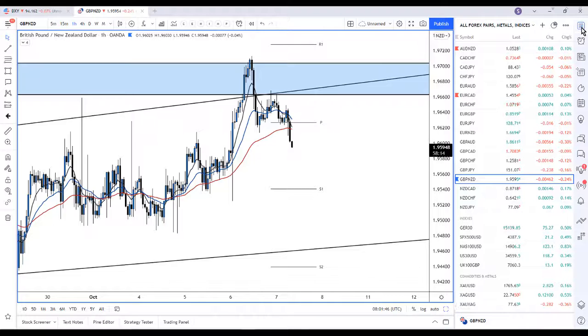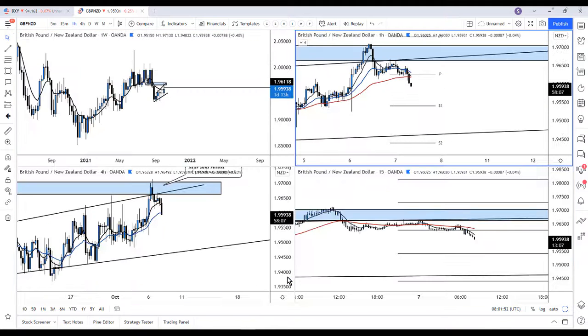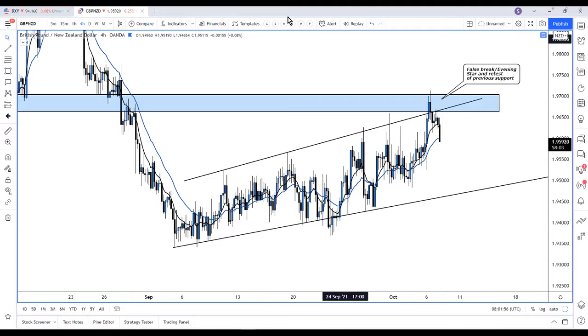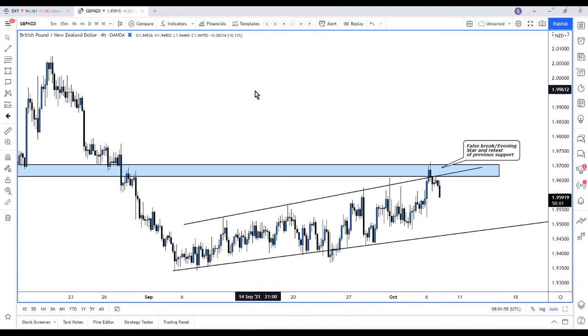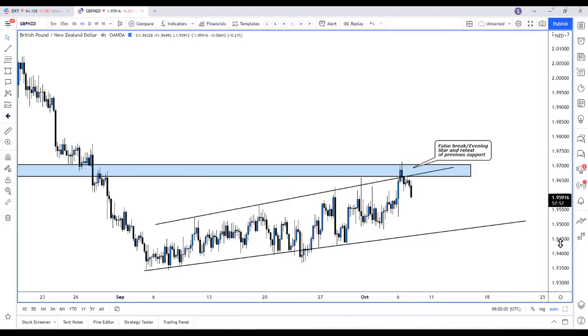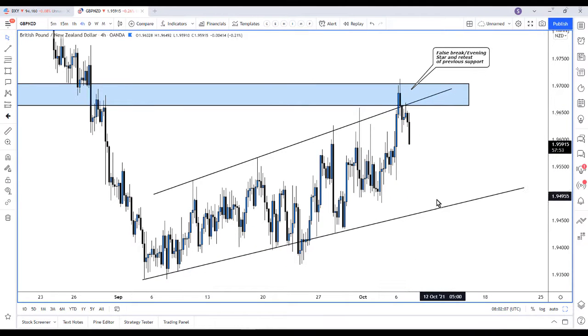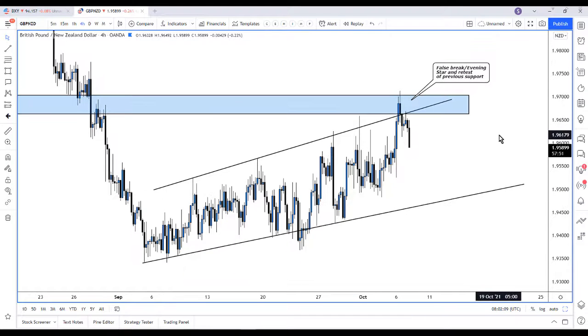pound Kiwi, probably the last one I want to look at. Okay, support, resistance, top of a pattern. It looks like we are now rejecting and coming back down to test the low of the pattern.